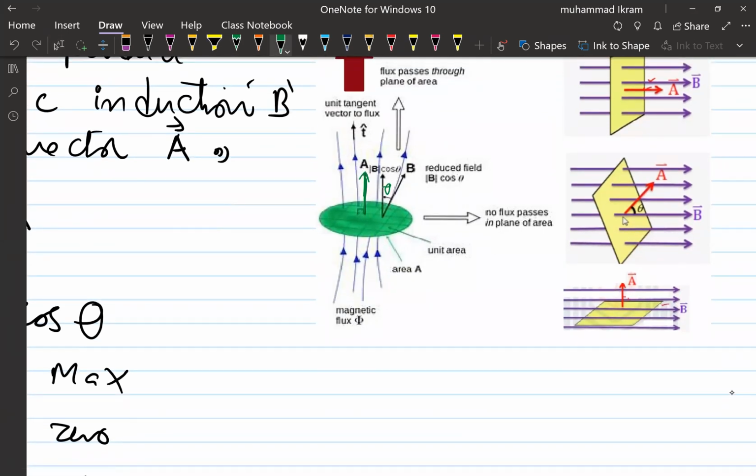And here you do not observe any flux in this direction. There are no magnetic field lines in this direction. Why?